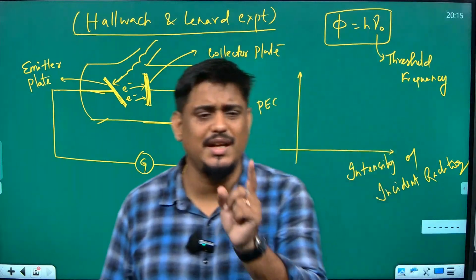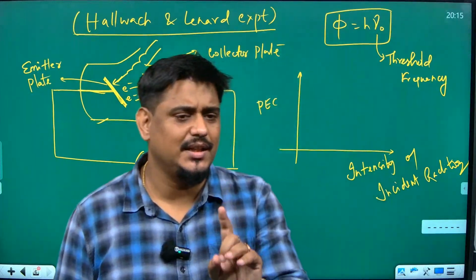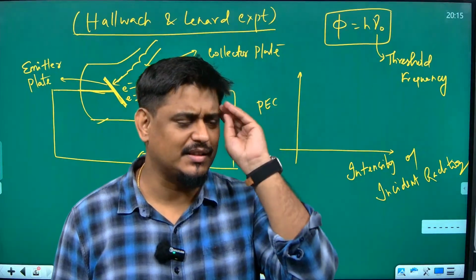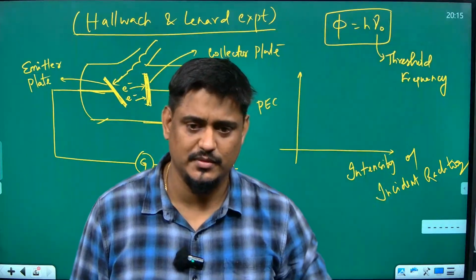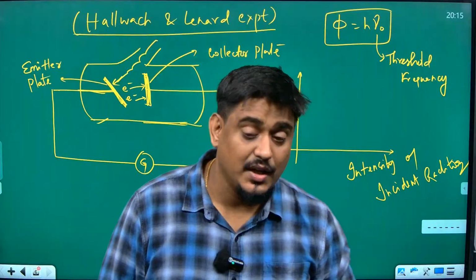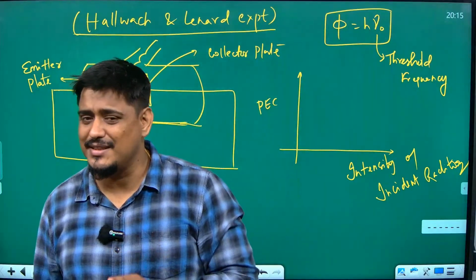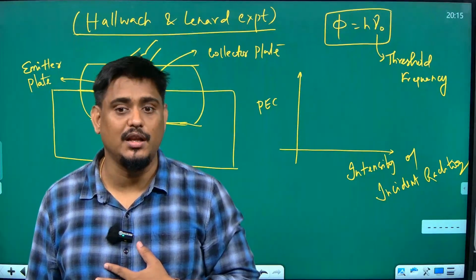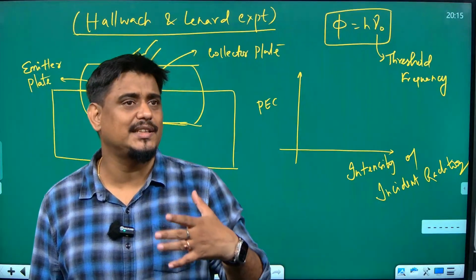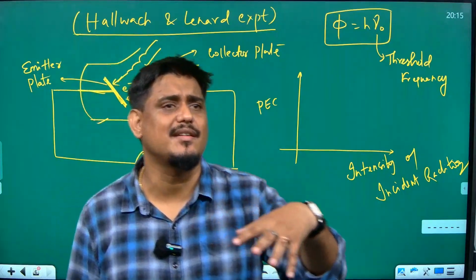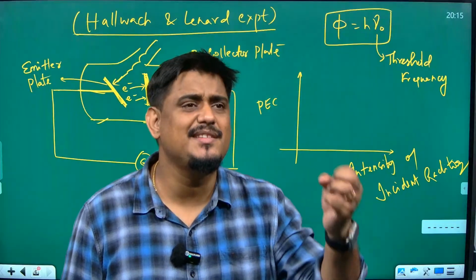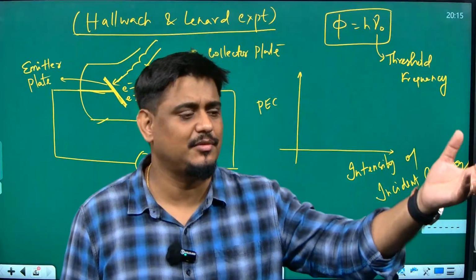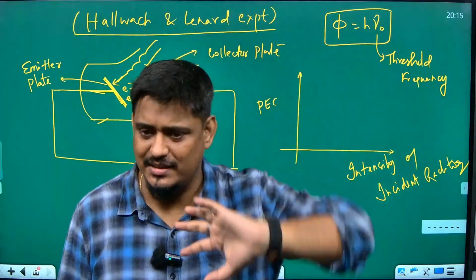Whenever I use the word intensity, in layman's language, you can understand that I am talking about brightness. Whenever I use the word frequency, I am talking about the color. So when I say that the frequency of incident radiation is changed, it means the color is changing: white, blue, green, yellow, red, orange, like that.